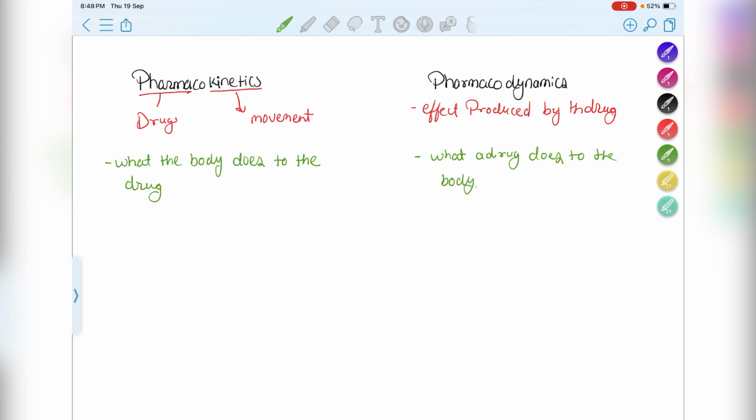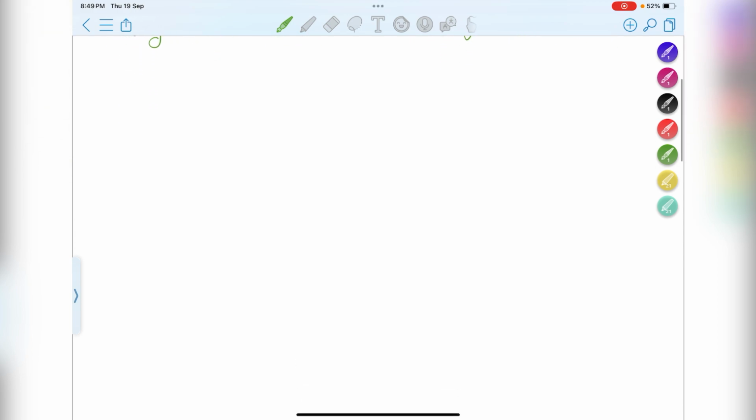Okay, my dear friends. So now we will see the first part of the pharmacokinetics. There are four processes in the pharmacokinetics mainly. We call it ADME. We say ADME study. What is ADME study?